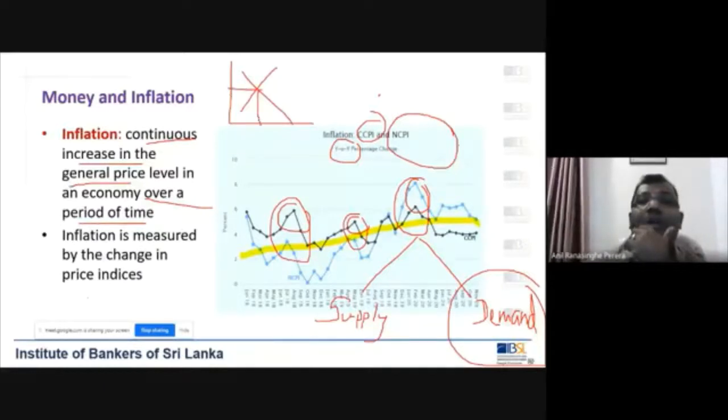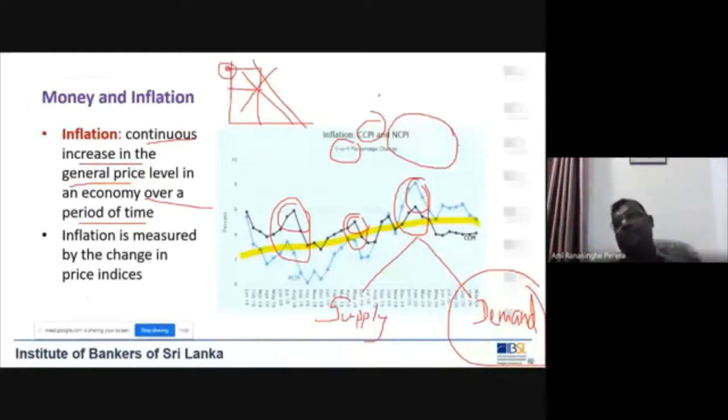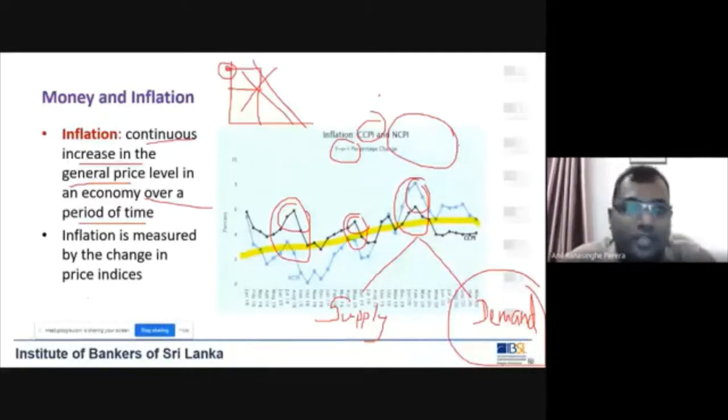If the demand goes up and there's no change in supply, what will happen? The prices would increase to this point. So this is reflected in demand side inflation. When there is no adequate supply to cover the excess demand, the prices would increase. How does it happen? That happens when people have more money. For example, let's say you have 100 rupees today.